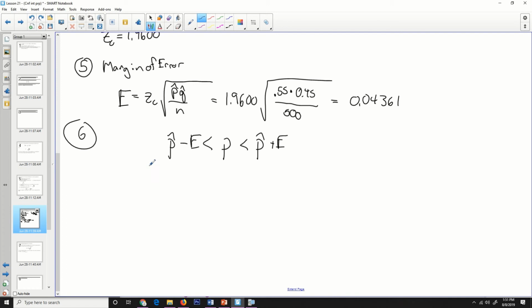And the way that looks, remember, P hat was 0.55 minus 0.04361 less than P, and then 0.55 P hat again plus 0.04361.